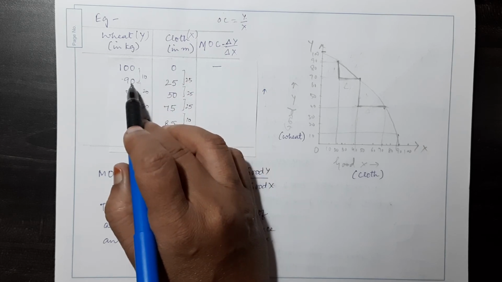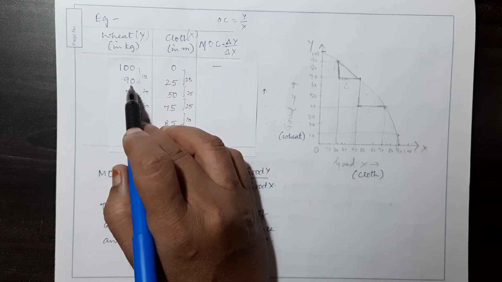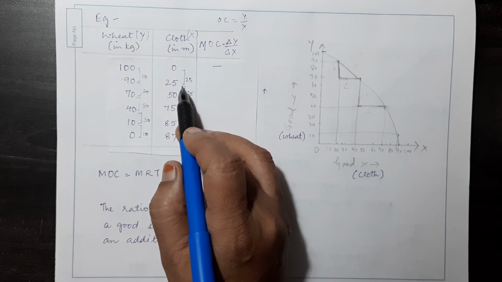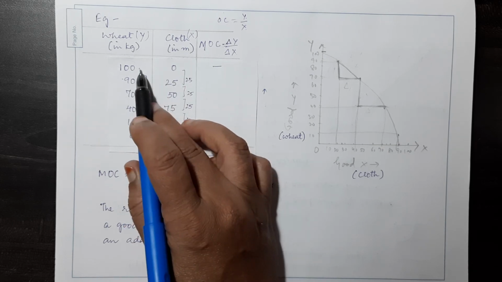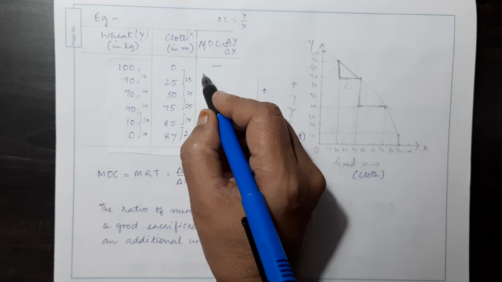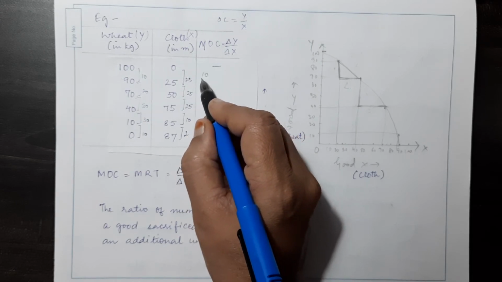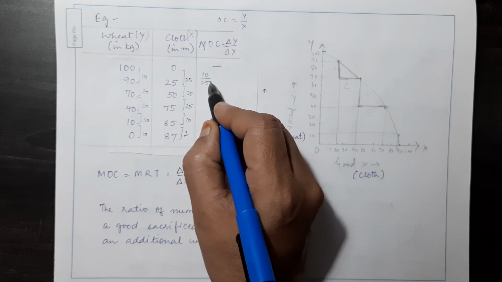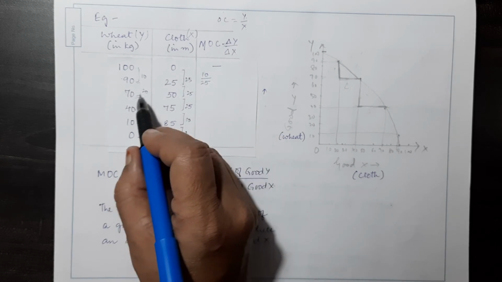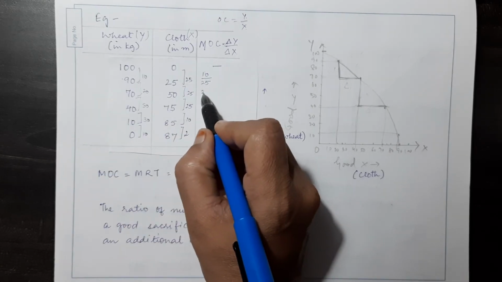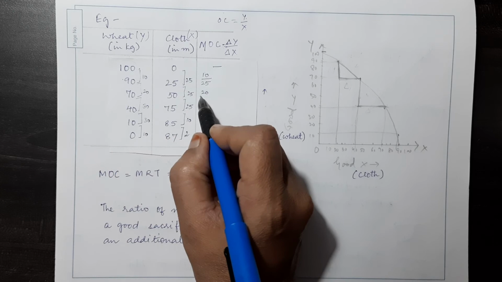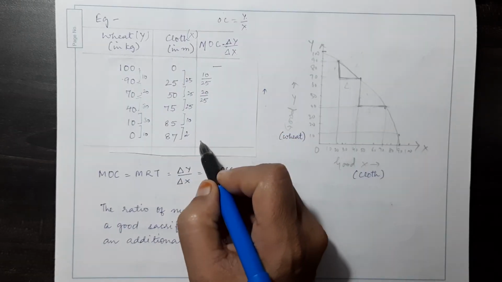Now in the second stage, we opt to have a combination of wheat and cloth. So here at this stage, how many units are we foregoing? We are foregoing 10 units of Y to produce 25 units of cloth. Similarly, in the next stage, we are foregoing 20 units of wheat for 25 units of cloth.